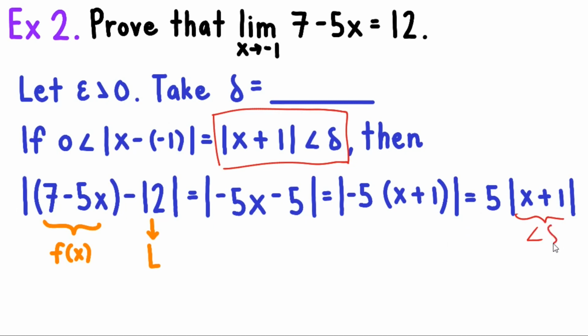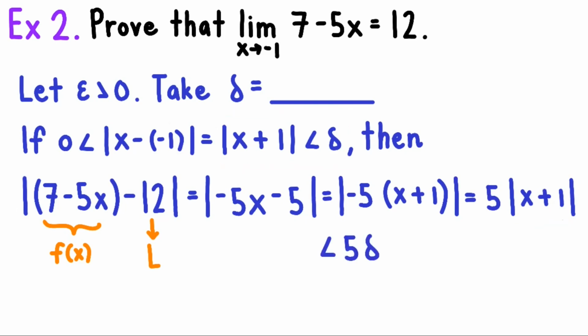Let's fix that one. There. So if this one is less than delta, then this whole thing out here is less than 5 times delta. And again, at this part, we can now choose what delta we want to make this one less than epsilon.